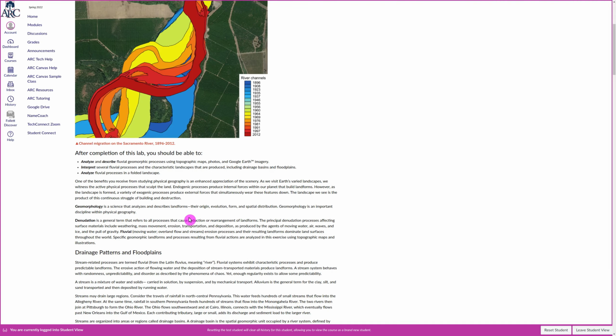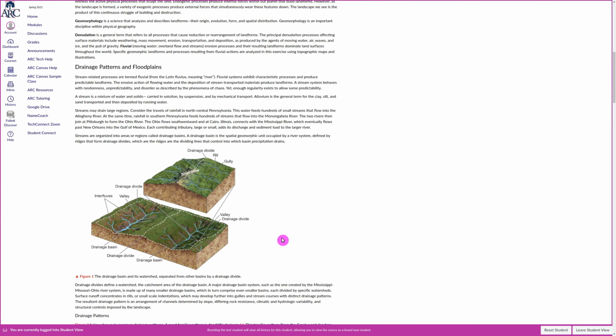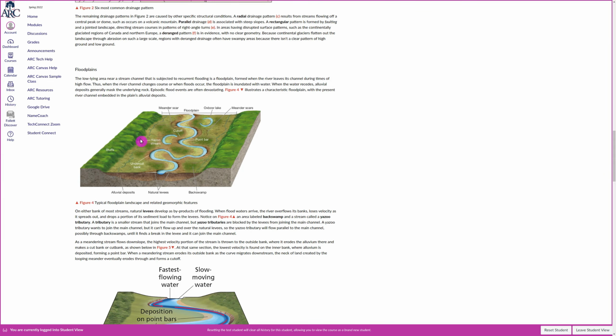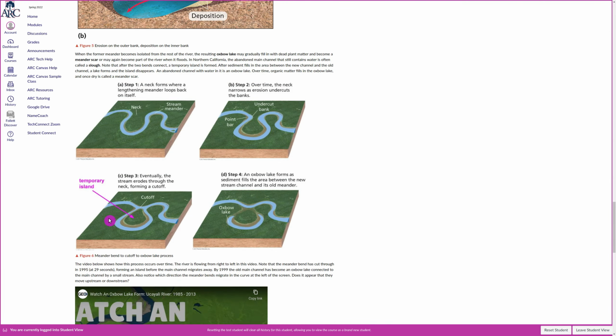Here's the information. This page has, I hope, everything you'd need to know if you haven't had the rivers chapter already. So some definitions, a diagram of drainage patterns, and here's the floodplain diagram with oxbow lake and meander scar and what they mean. Here's some more discussion of meandering and how that works.